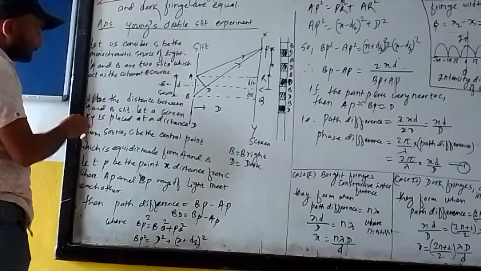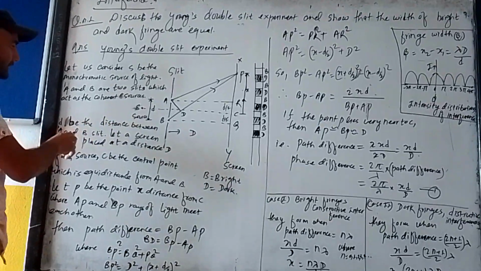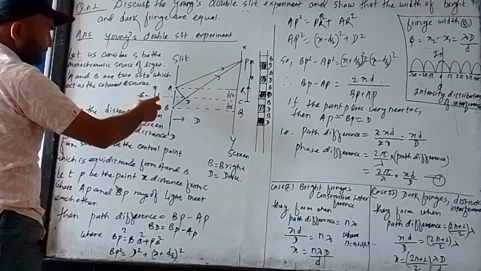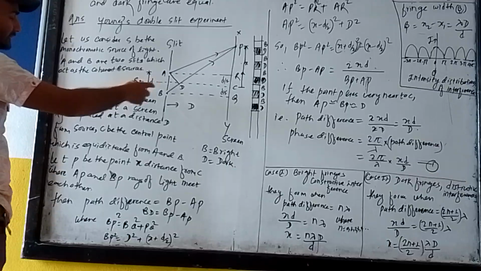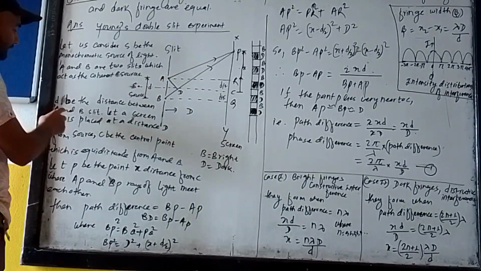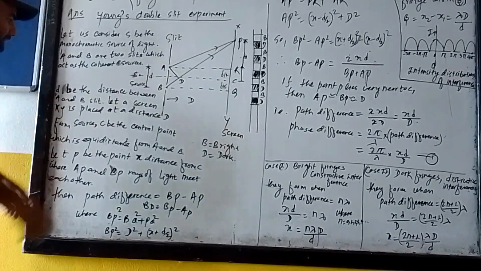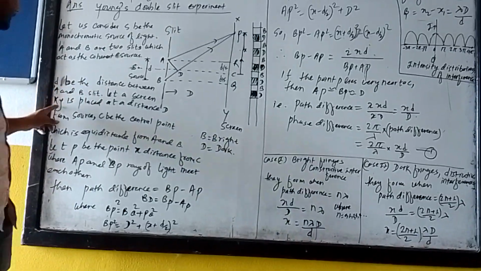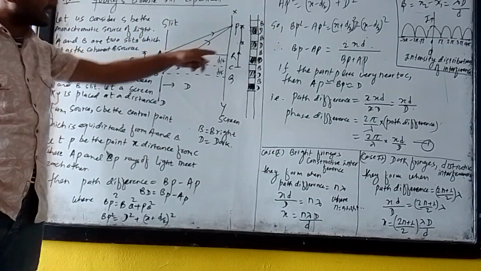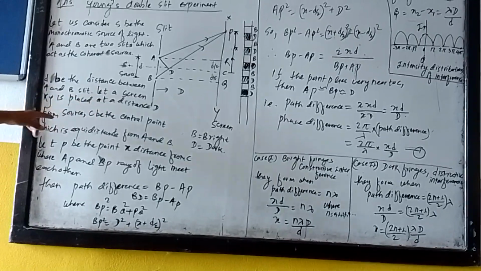You can see it in the figure, and d is the distance between the two slits A and B. Let XY be a screen, which is D distance from the source.